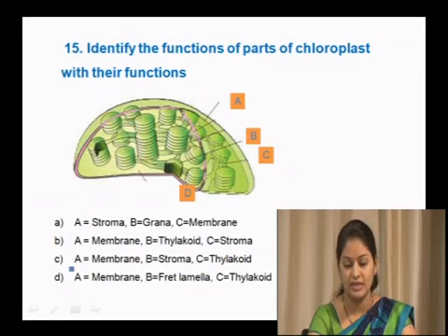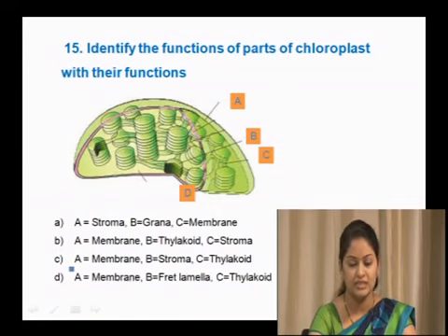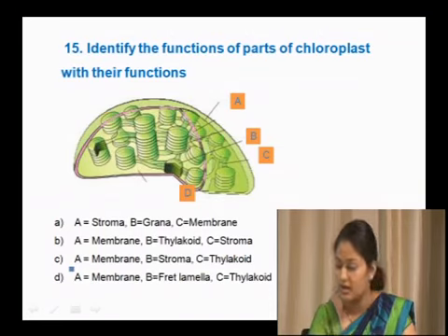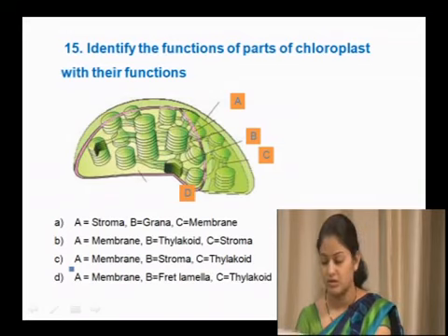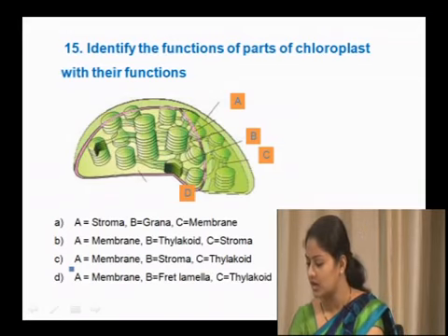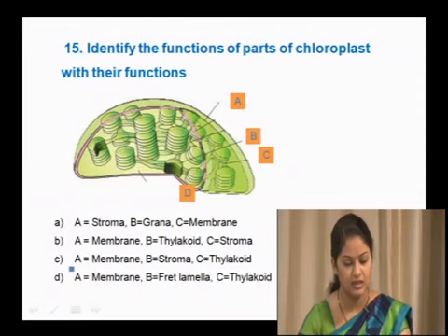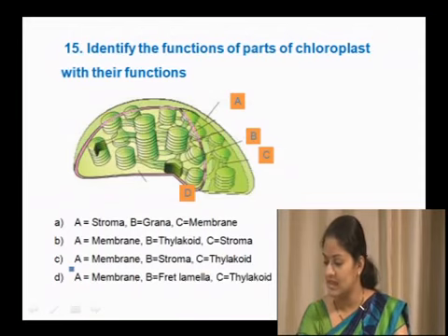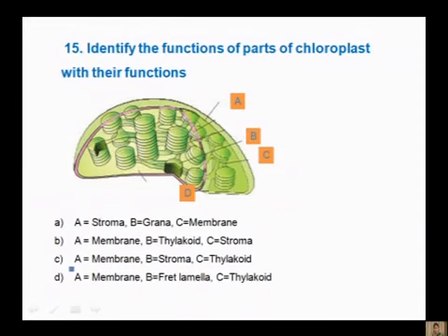Label B indicates the grana, that is the set of thylakoids there, and label C indicates the stroma. So, the right answer for this question is option B.